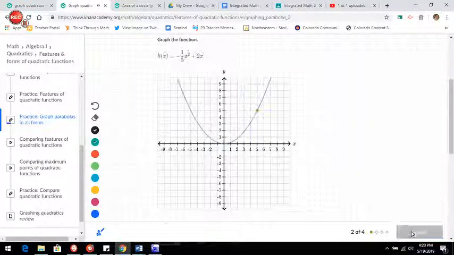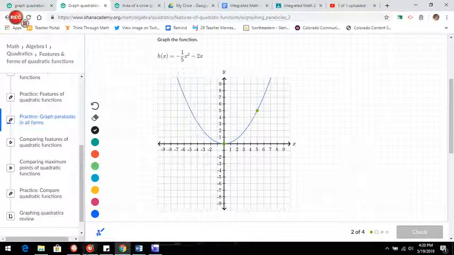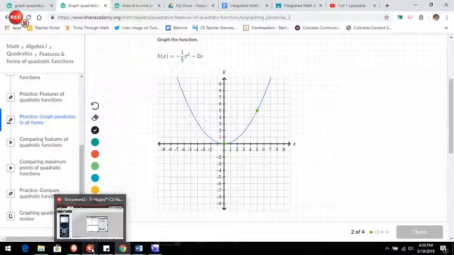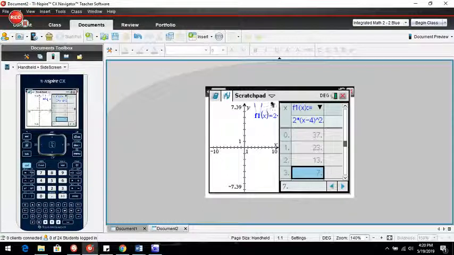So let's try another one. Okay, now this, I would use the calculator here. So negative 1/5 x squared plus 2x.